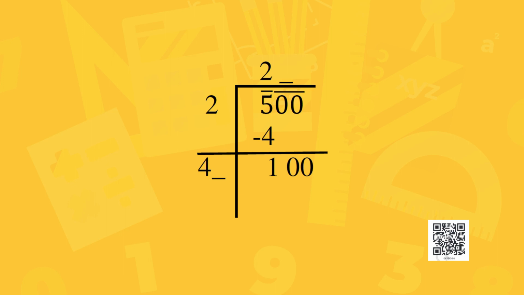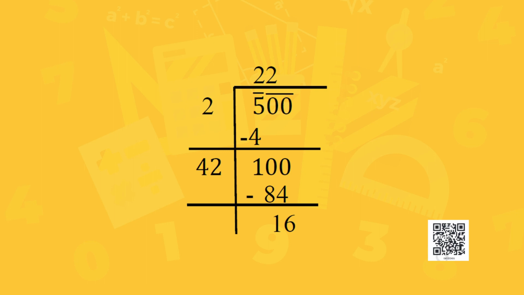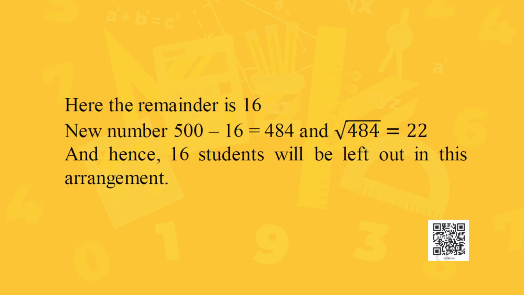Guess the number which has to be written in this blank, thereby we get a number which is closer to 100. So we know that 42 times 2 is equal to 84, which is near and just less than or equal to 100. So 42 times 2 is 84, and it will leave the remainder 16. So here the remainder is 16.